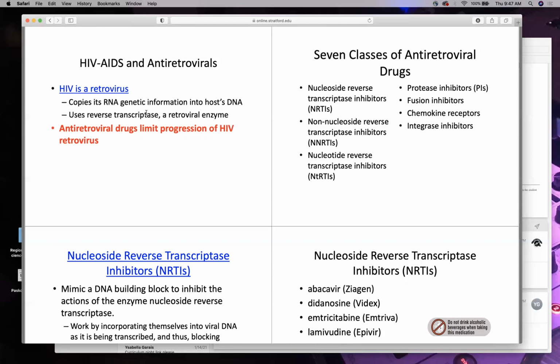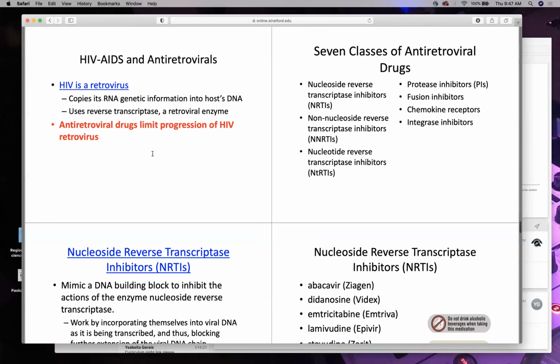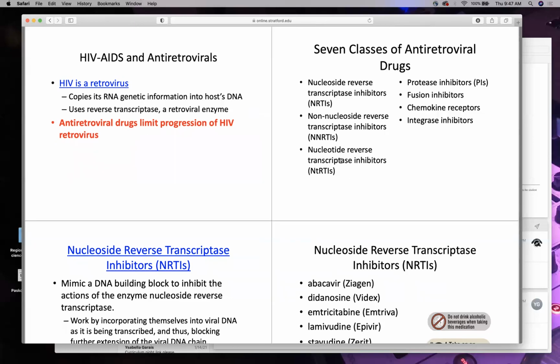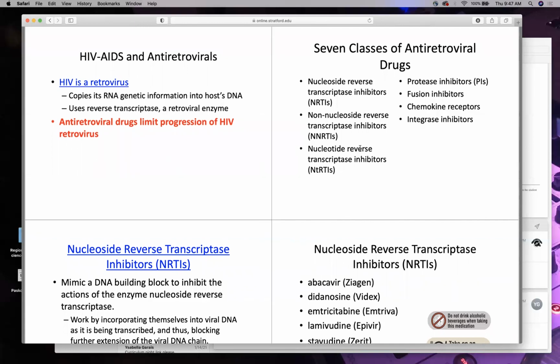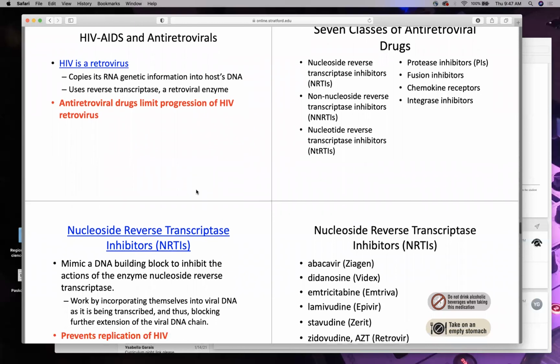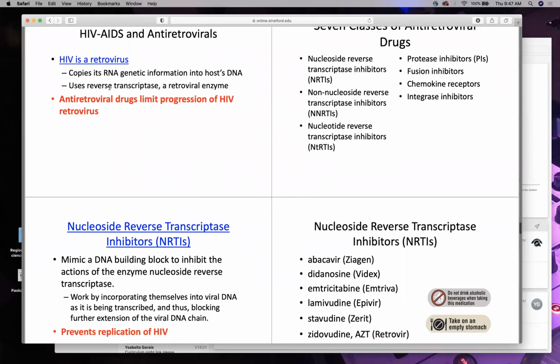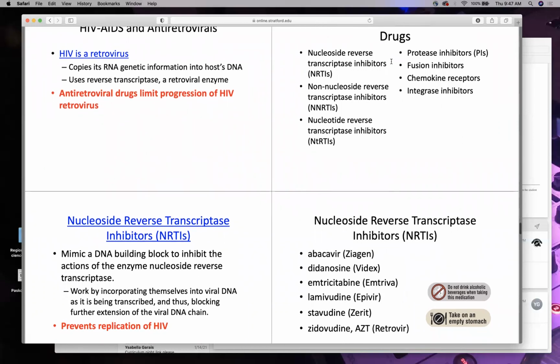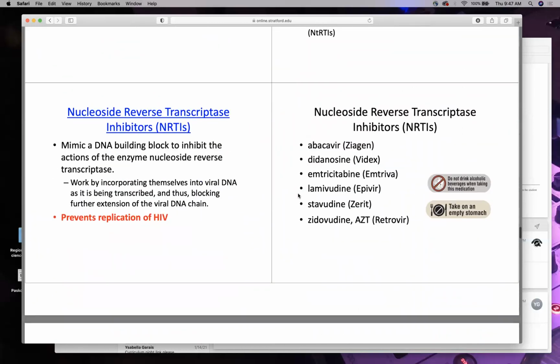That's what reverse transcriptase does. So if I have a drug that messes with the proteases that help this transcriptase, then we're going to block HIV. So you don't really have to memorize the 7 classifications of antiviral drugs, but know the main mechanism of action of these anti-HIV drugs. Its main action is to do what? Block this reverse transcriptase, block this enzyme and everything related to these enzymes.